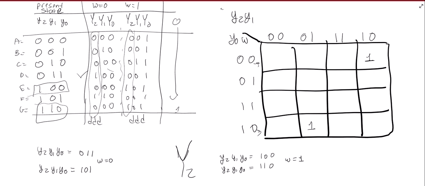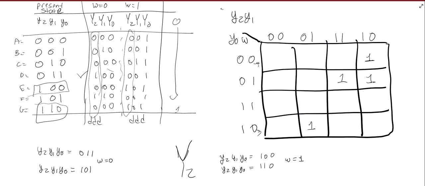Oh, and so Y2, Y1 is 1, 0. Y0 is 0, and W equals 1 is right here. Y2, Y1 is 1, 1 is this column. Y0 is 0, that's up here. And W is 1 is right here.